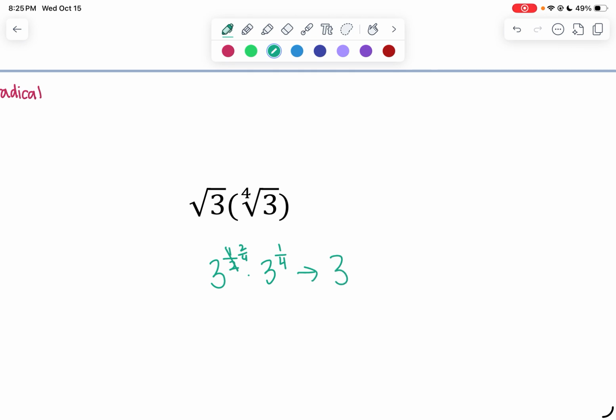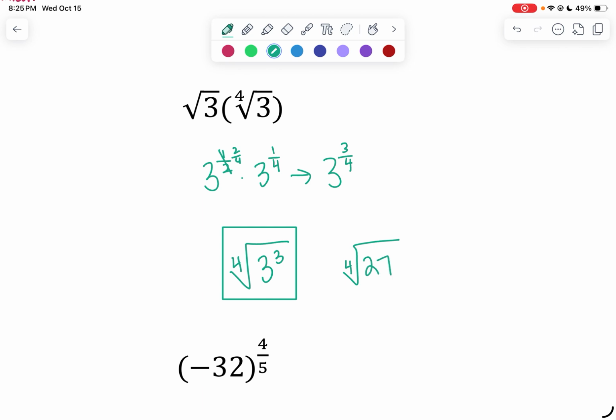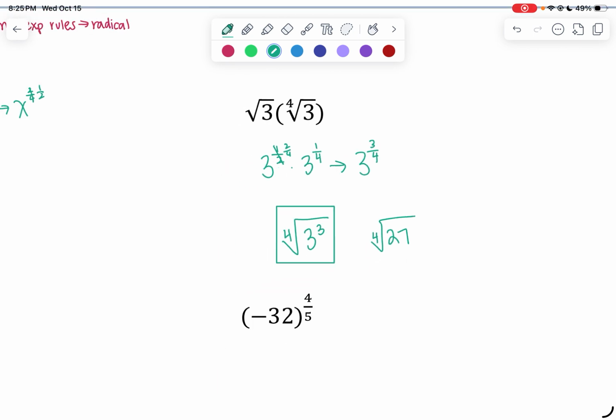So that's 3 to the 3/4. So in radical form, that would just be the 4th root of 3 cubed. And you can leave it just like that, that's fine, okay? You could also say the 4th root of 3 times 3 times 3 is 27. So you could do that as well. It's just up to you if you want to do that or not, okay?